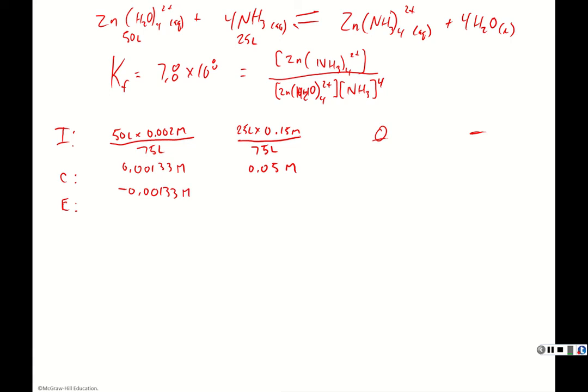Right? And so you might be tempted to write in 0.00133 here, but there's a 4-to-1 ratio of NH3 that's being used. So we'd have to multiply that by 4. When you do that, it's 0.0052.